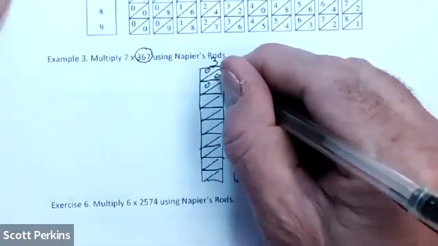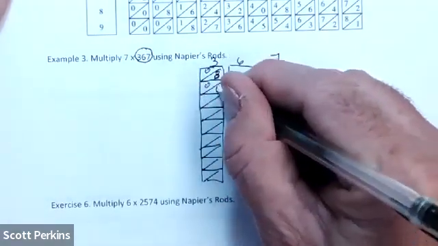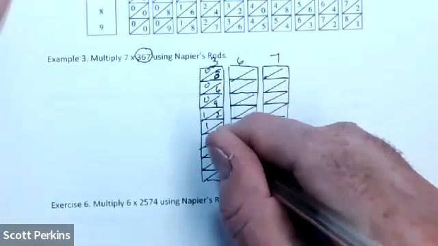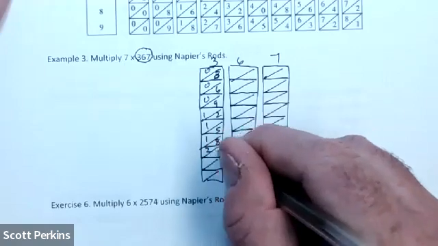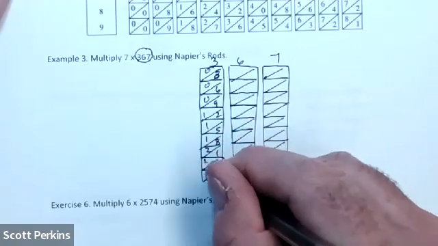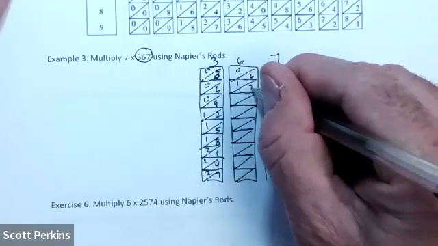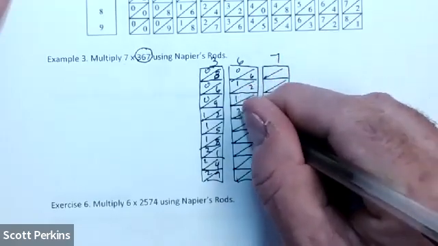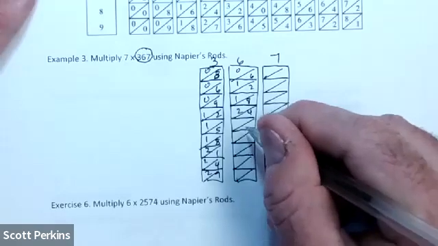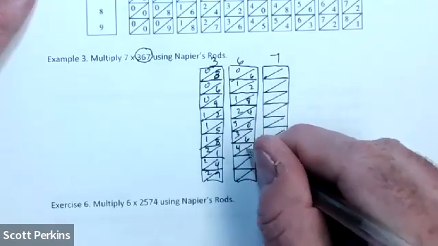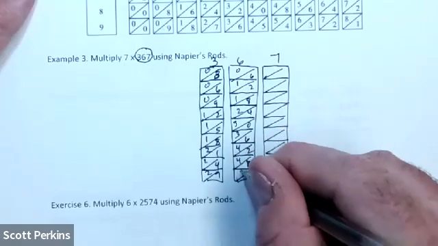Oops, sorry. 03, 06, 09, 12, 15, 18, 21, 24, 27, and then we've got 6, and then 12, and 18, and 24, and 30, and 36, and 42, and 48, and 54.